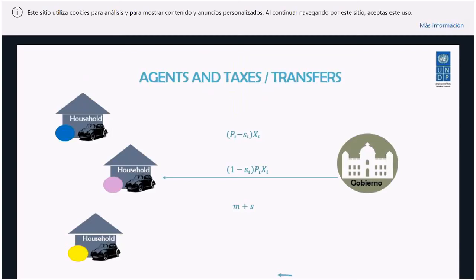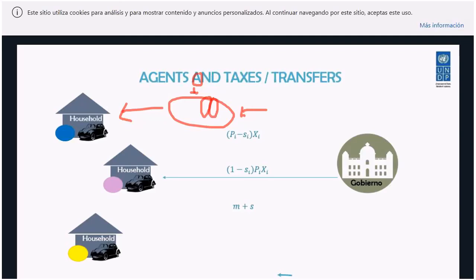So this is another way in which a government implements a subsidies policy, for instance, again, for these households. In terms of reducing an amount of the price, the government could say exactly the same logic. Okay, you consume X quantity of goods and pay this price, P, so I will cover, as a government, not a specific amount, but a specific share.